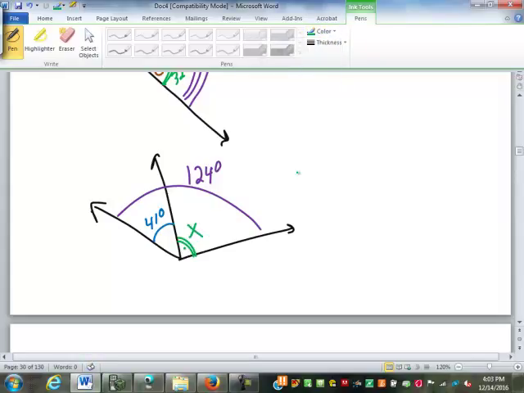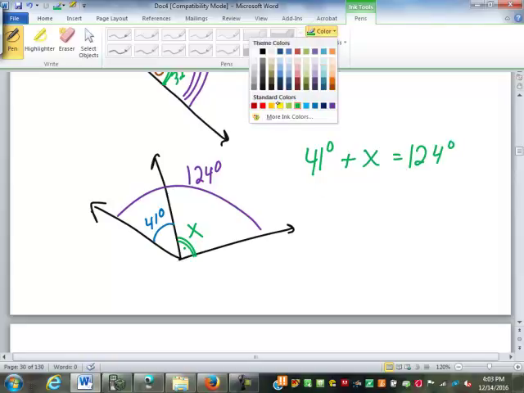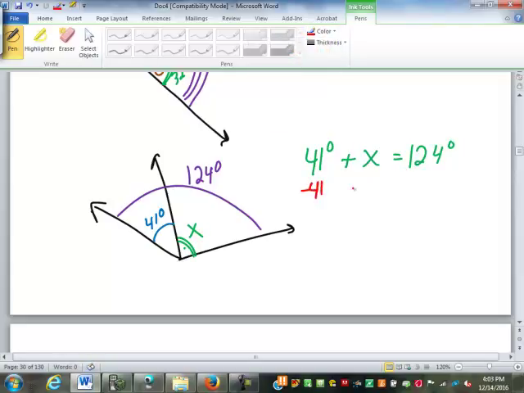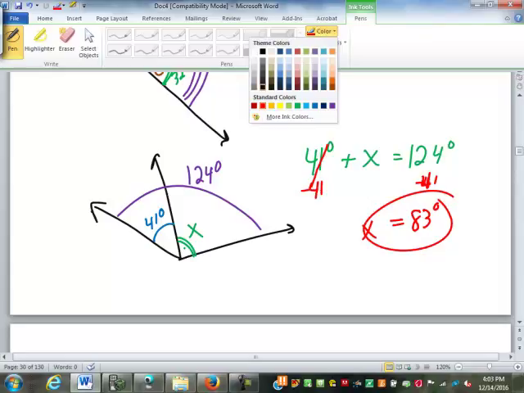Well, if we call that x, we know 41 degrees plus x equals 124. They have to add up. Now we just solve that basic equation by subtracting 41. X equals 83 degrees. Yes, you could have just done 124 minus 41, but I wanted to set it up formally like that for you.